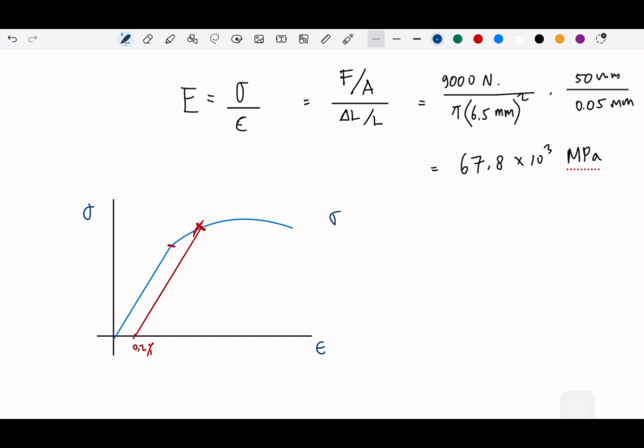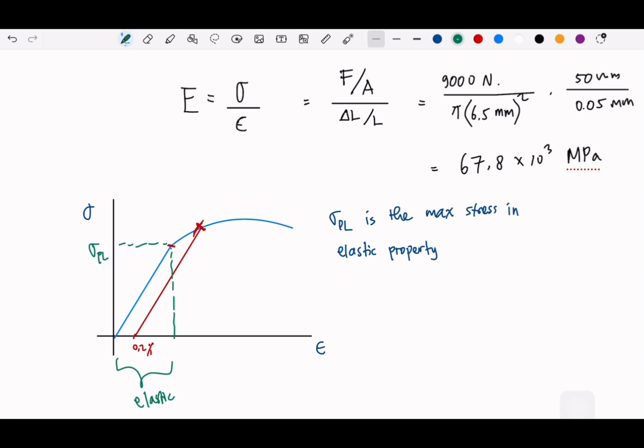So sigma proportional limit is the maximum stress in elastic property. I think we can write something like that. So all this is elastic, which means that this will be the sigma proportional limit.